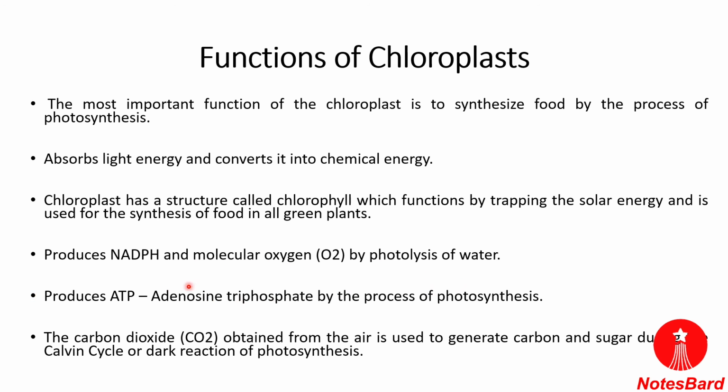They produce energy in the form of ATP, that is adenosine triphosphate, by the process of photosynthesis. And the carbon dioxide obtained from the air is used to generate carbon in sugar during the Calvin cycle, or the dark reactions of photosynthesis.